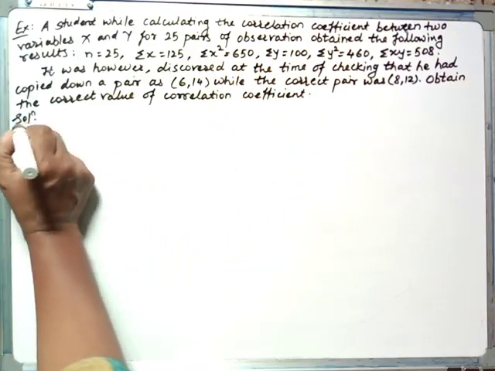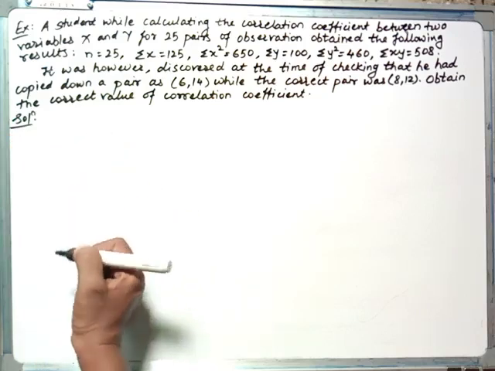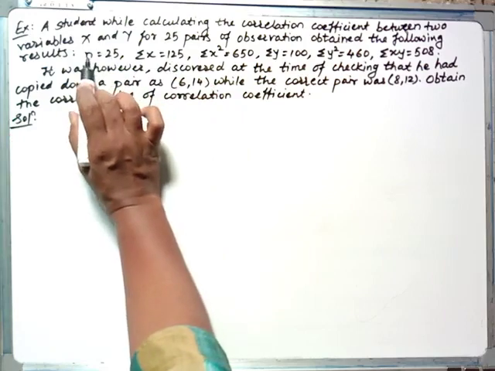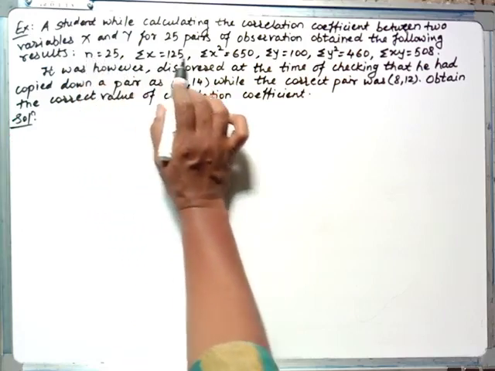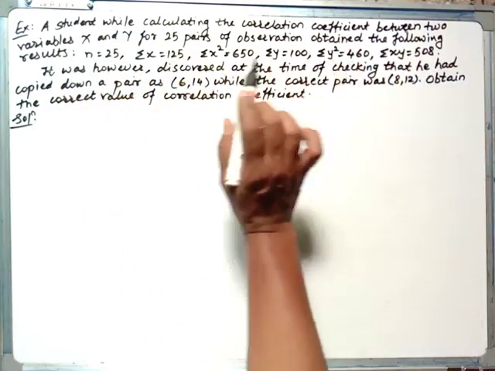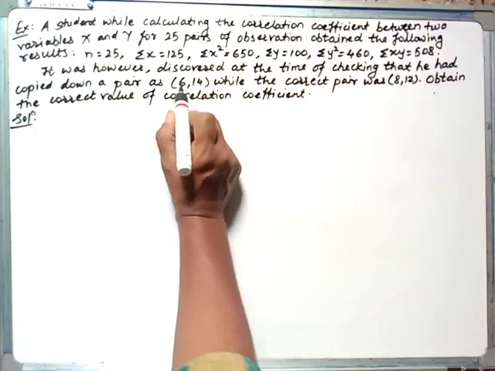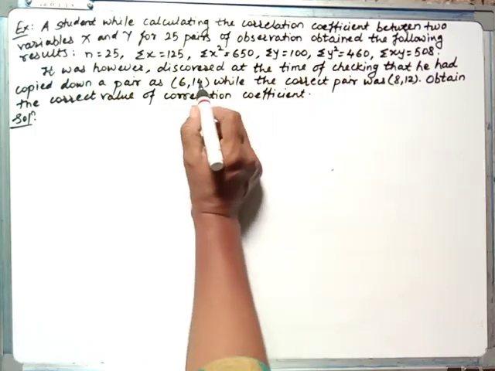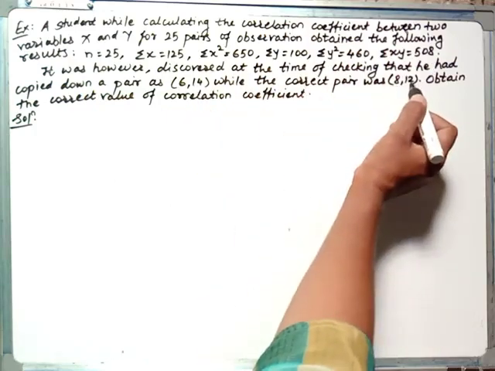Solution. Here what happened: the student calculated the coefficient of correlation using this data, fine, but he has taken x is equal to 6 while x is 8, y is equal to 14 while it is 12.